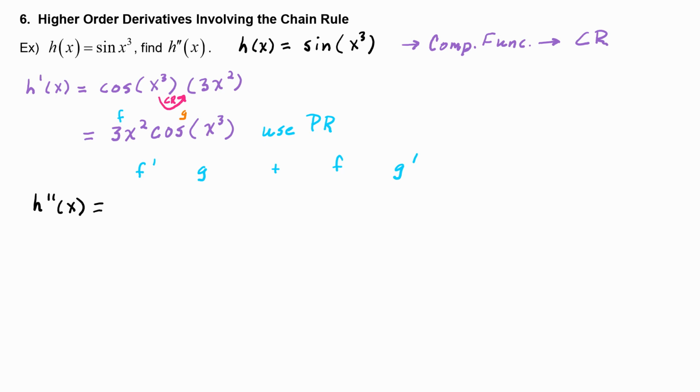So this is going to equal f prime, which is 6x, times g, cosine of x cubed. Bring down the plus sign. f is 3x squared times g prime, which is going to be the derivative of cosine of x cubed, which of course is a composite function.